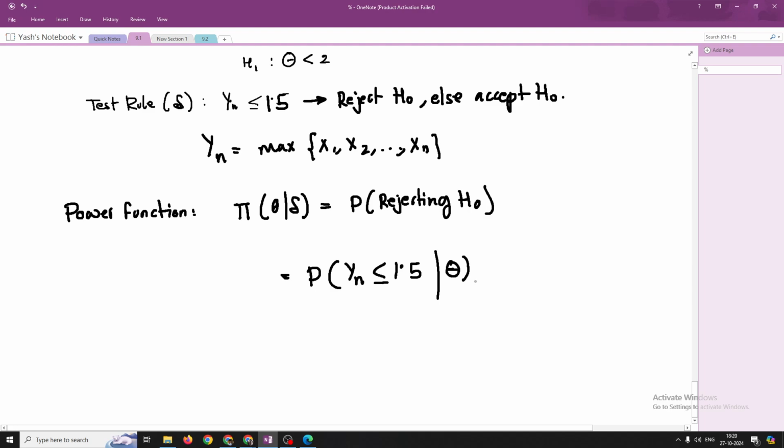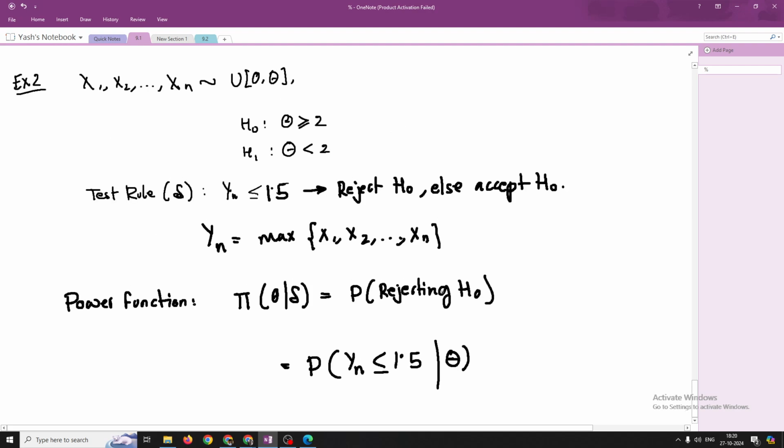Now we have two cases. One case is theta greater than or equal to 2, or if it is less than 2.